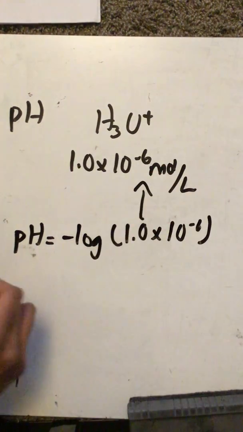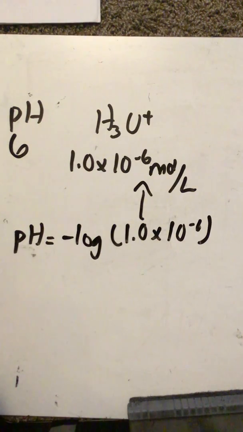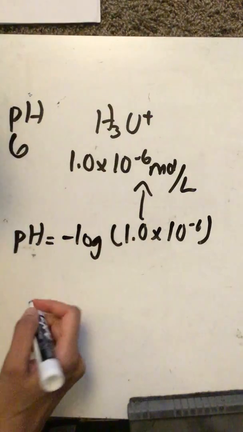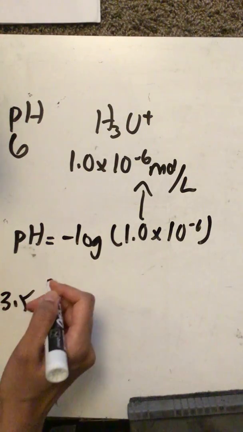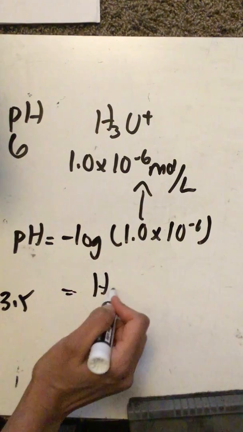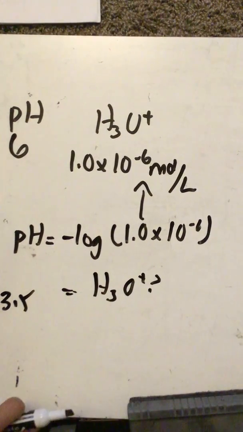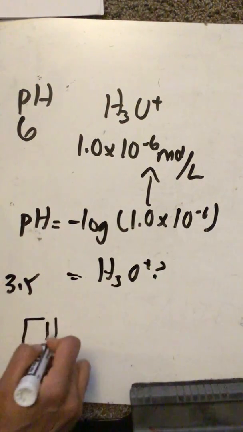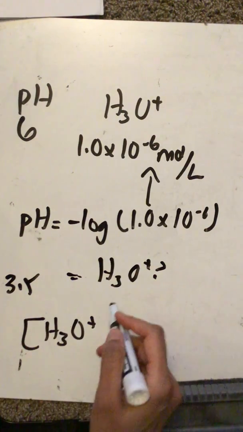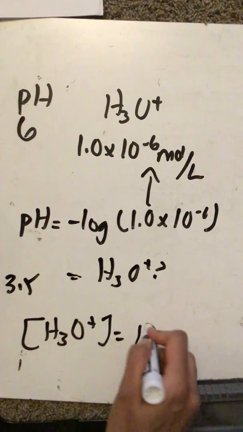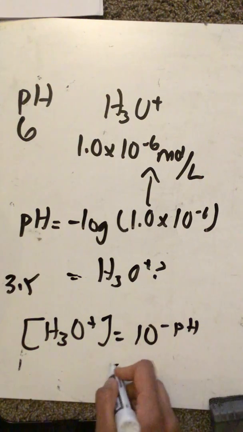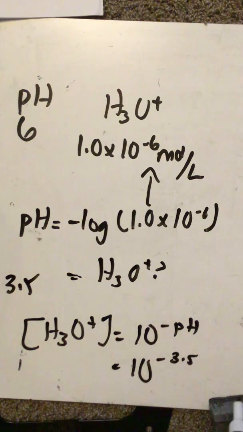When you calculate it, you get a pH of 6. Then the following question: let's say pH is 3.5. What is H3O positive? H3O positive is equal to 10 to the negative pH, which is 10 to the negative 3.5.